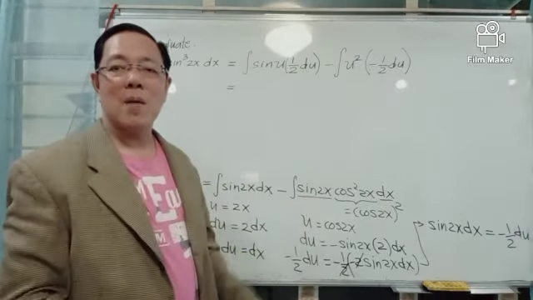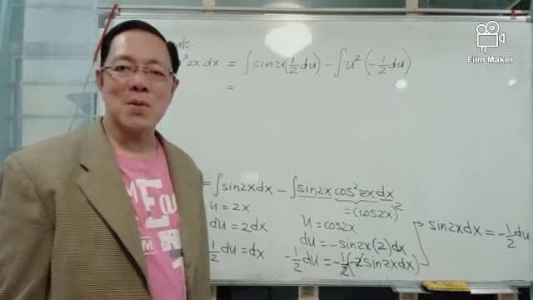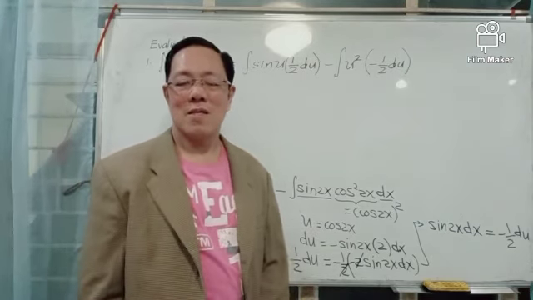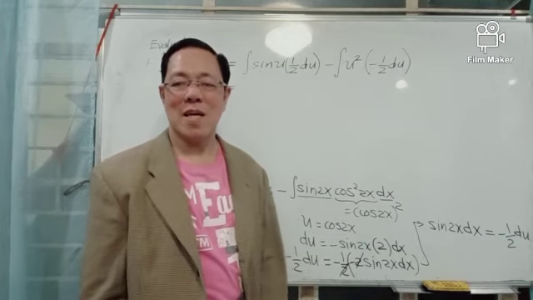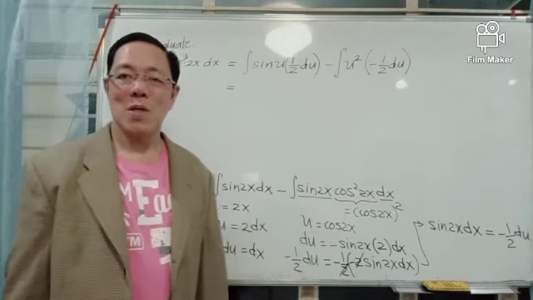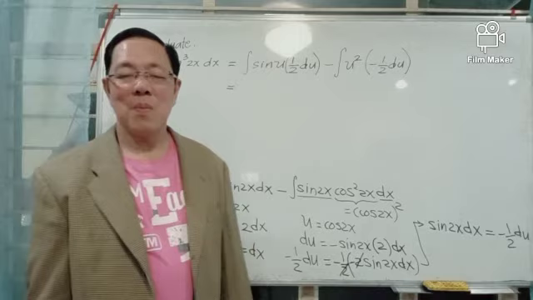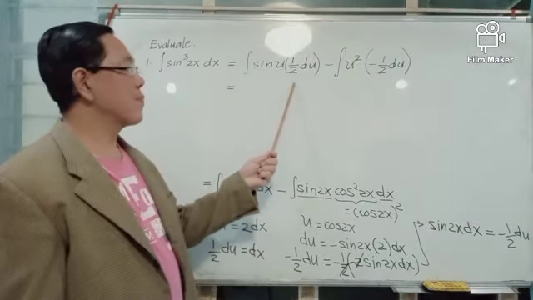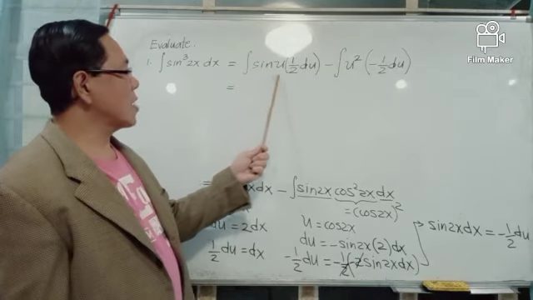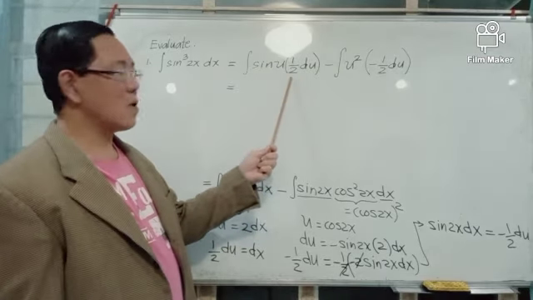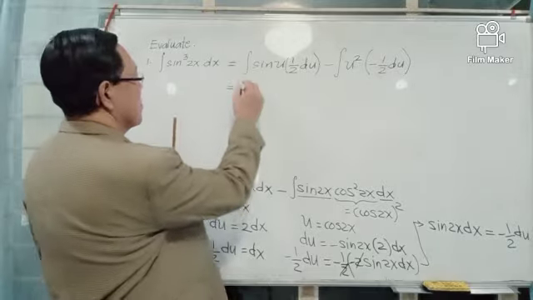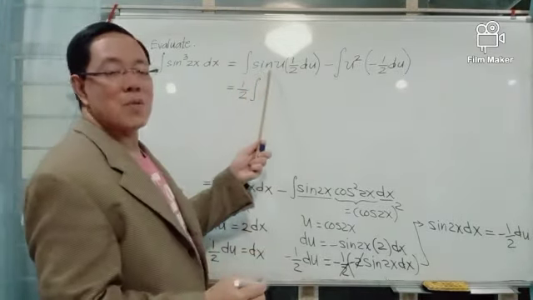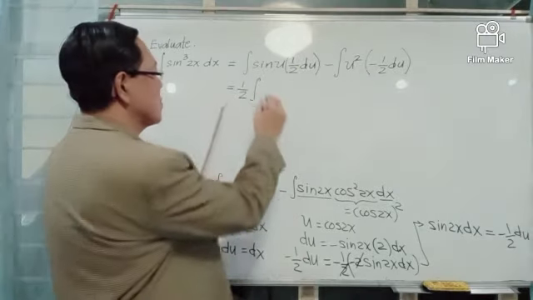To each term, we apply the integration rule for the integral of a constant times a function. That says the integral of a constant times a function is equal to the constant multiplied by the integral of the function. Here the constant is 1/2. So the integral of sine u times 1/2 du is equal to the constant 1/2 times the integral of sine u with respect to u.